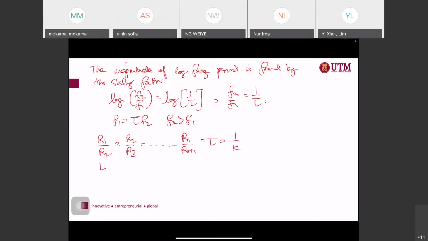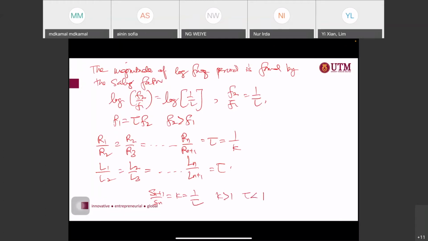And the length of the dipole l1 over l2 is equal to l2 over l3 is equal to dot dot dot ln over ln plus 1, which is equal to tau as well. And the spacing Sn plus 1 over Sn is equal to k, which is 1 over tau, and k should be greater than 1 and tau should be less than 1.